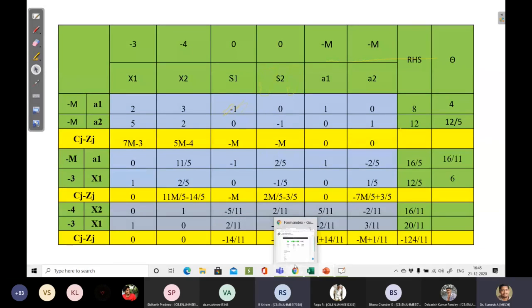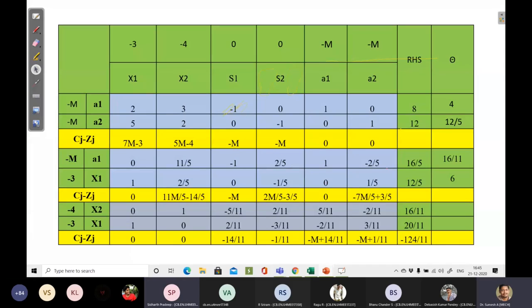Yes, sir. Why? Because x1 and x2 we are getting 0 values. Okay. Please don't say that x1 and x2 are 0. You have to see all the Zj minus Cj up to the RHS.